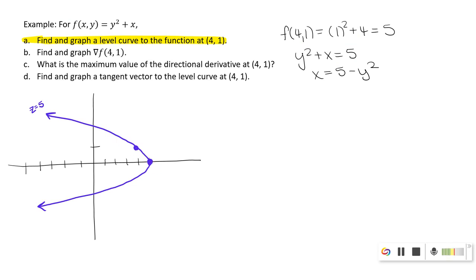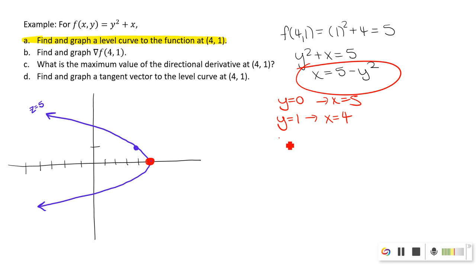And I plotted a couple points. If you aren't sure what that looks like, you could plot some points. For example, if you plug 0 in for y, you just get x equals 5. So there's the point (5, 0). And then if you plug y equals 1 in, you would get x equals 5 minus 1, or 4.